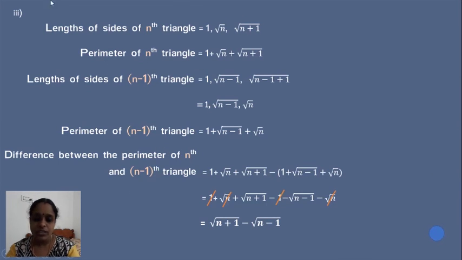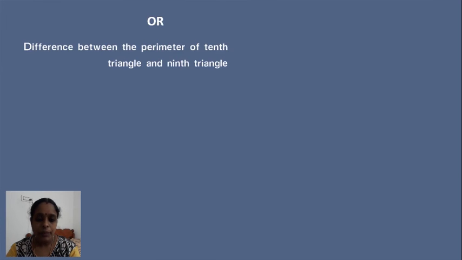Here we can do it in another way. That is, we write directly the answer. You know the difference of perimeters of 10th triangle and 9th triangle, that we have already done, so we can write this here.